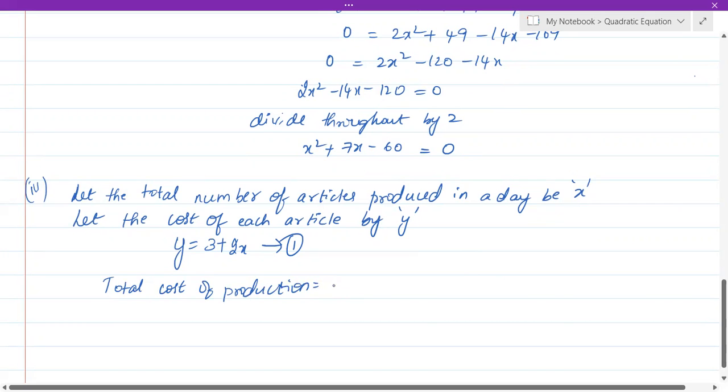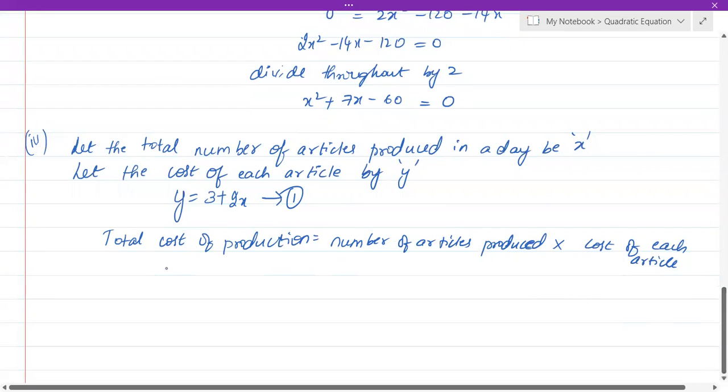Total cost of production is number of articles produced multiplied by cost of each article, isn't it? This is the formula. Now, total cost of production is given as 90 in the question itself. Number of articles produced in the day is X, and the cost of each article is Y.